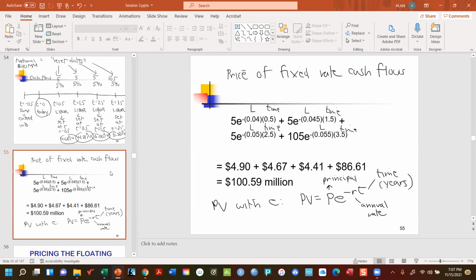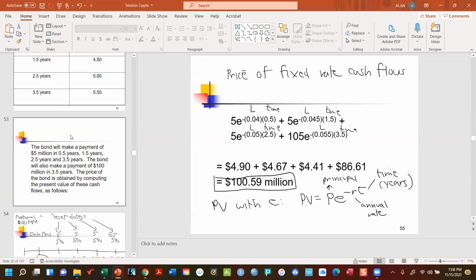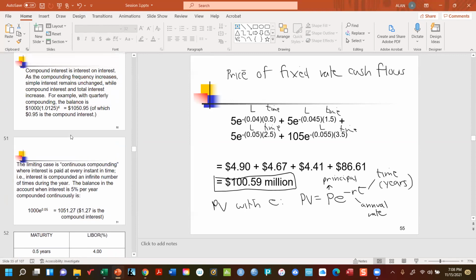We take the cash flow, e to the minus, and then we have the rate of interest, the LIBOR rate, and then the time. And they add up to 100.59 million. Now, because the notional is 100, this indicates that the swap at the moment has a positive value for the, let's see, this would be the fixed rate. Hold on a second.